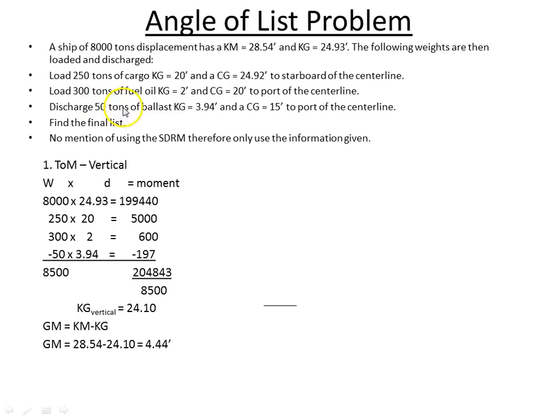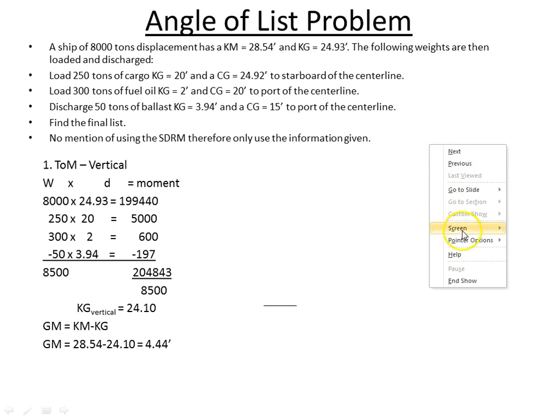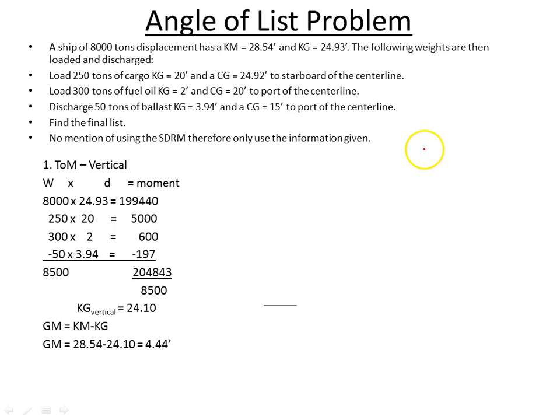And here we're going to discharge something that was on the vessel that's 15 feet to port. Basically this is like a seesaw problem. Here's our little seesaw, and we're going to be adding weights to one side, adding weights to another side, and subtracting weights from a side, and we want to see at the very end how the seesaw is going to behave.